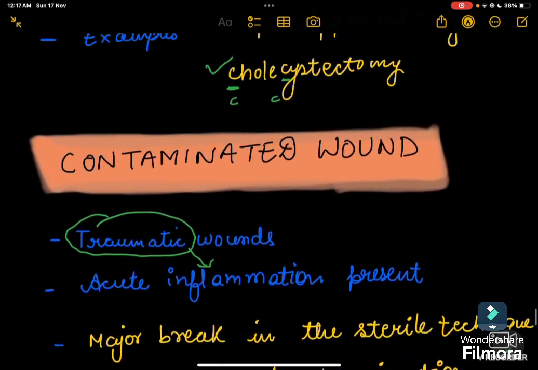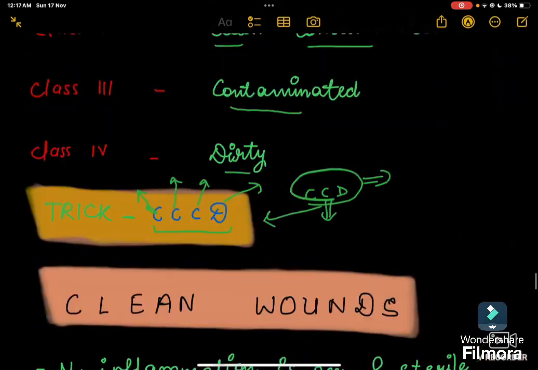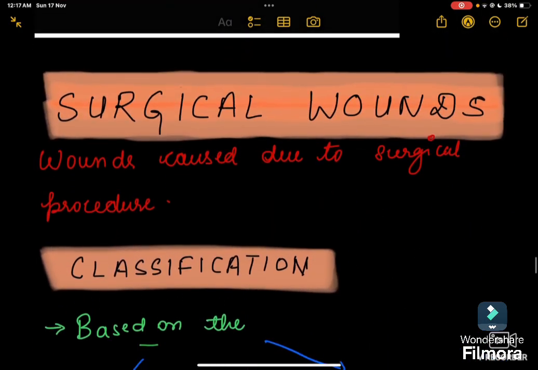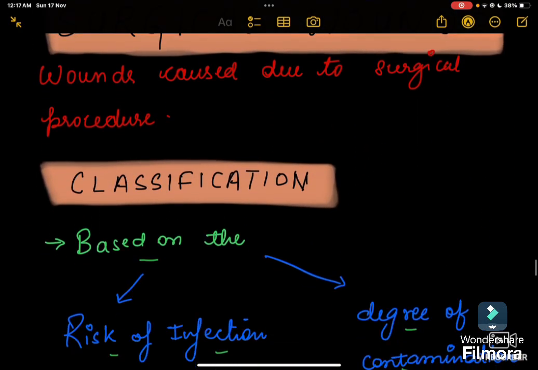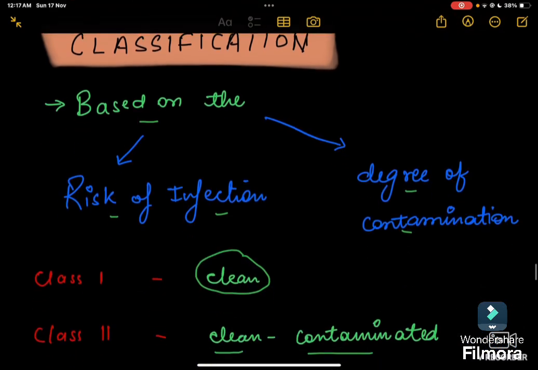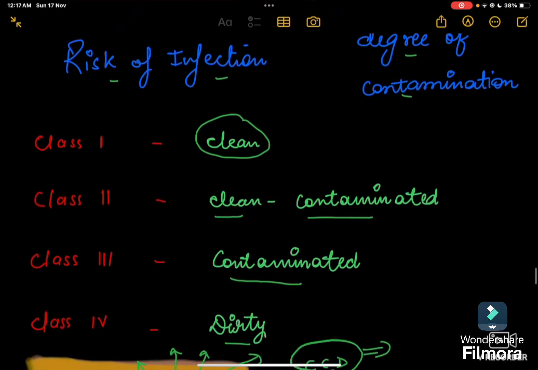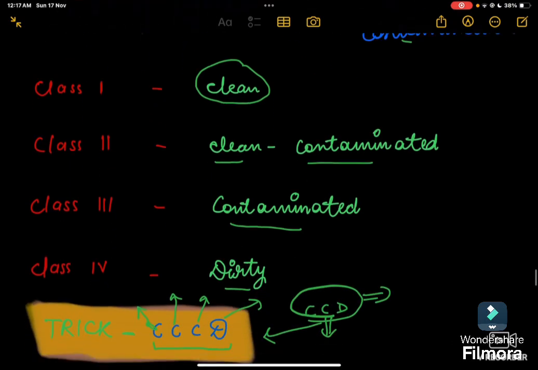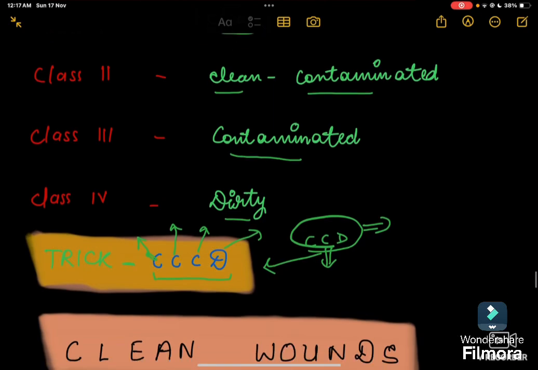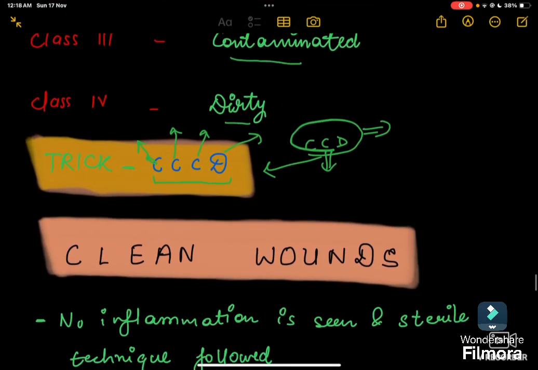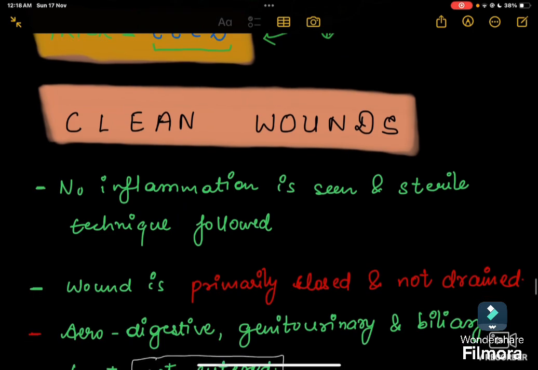So again, we have seen 4 categories in this video. The topic was surgical wounds, and classification we have studied. What is the basis of the classification: risk of infection and degree of contamination, and 4 classes of surgical wounds, like Cafe Coffee Day, mnemonic triple CD: clean, clean contaminated, contaminated and dirty wound. Clean wound we have studied.